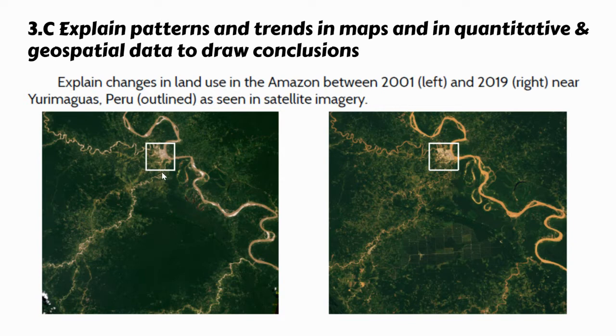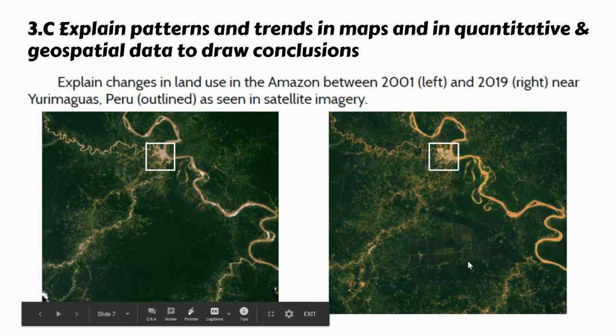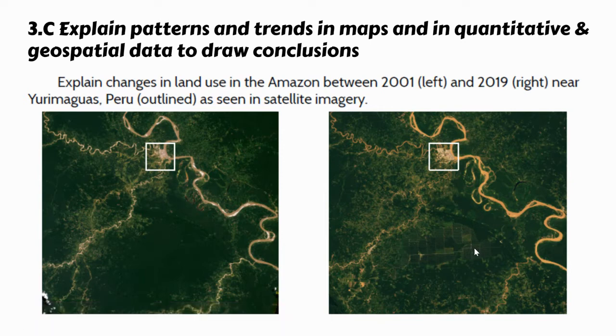And you can see it not just in this area of Peru. I'm not even going to try and pronounce it, but you can also see it if you look at the map in total. Even this part down here, you can tell that this is farmland. So the trees are being cut down to make room for farmland. This is straight out of agriculture.